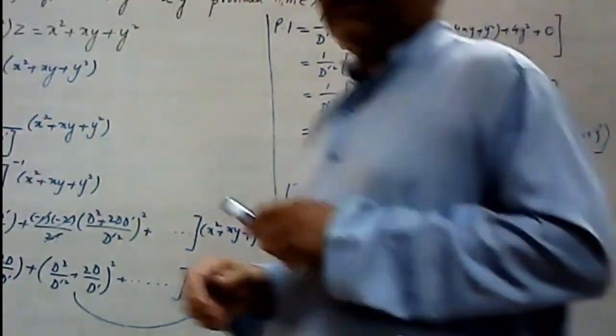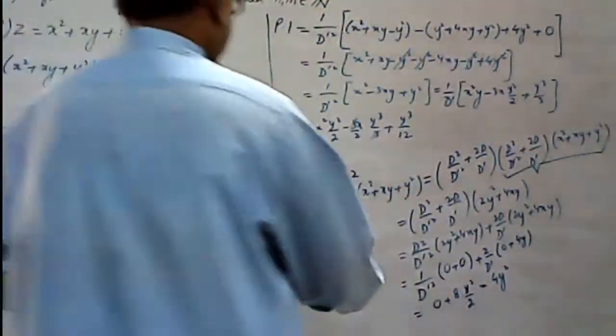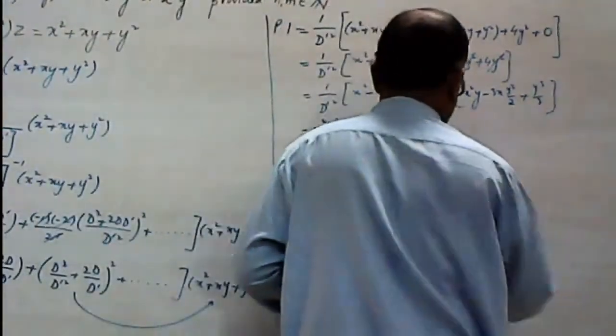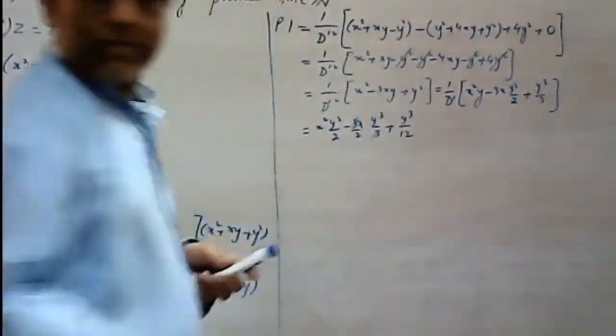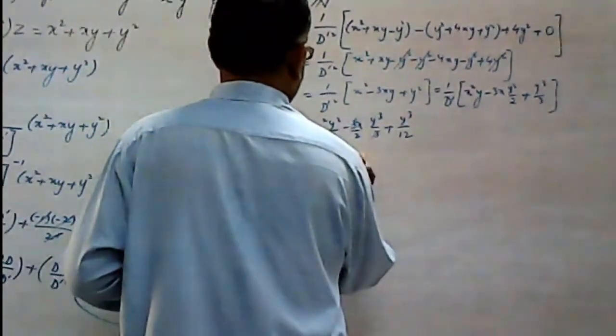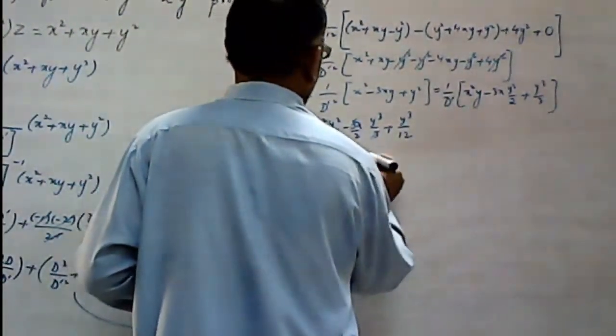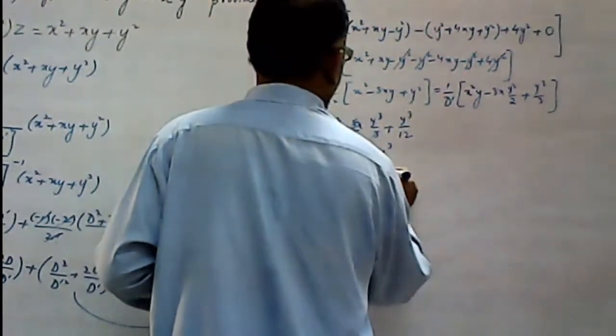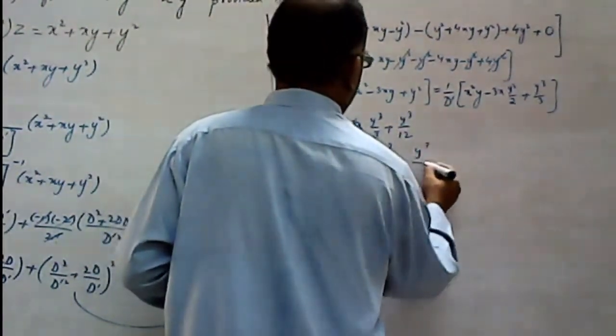So my final answer will be x square y square by 2 minus xy cube by 2 plus y cube by 12.